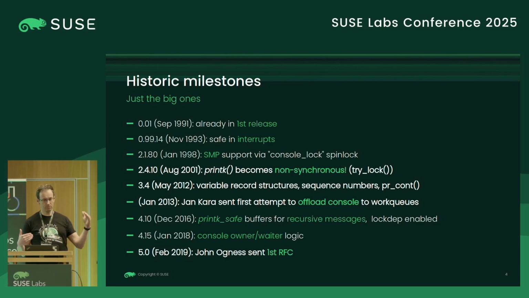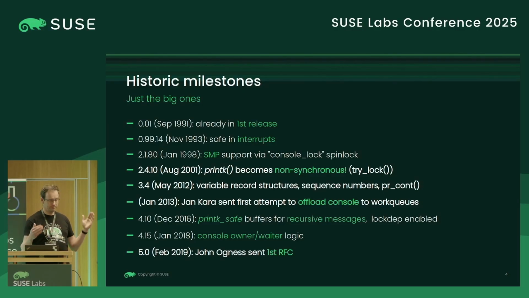So, for example, during boot, the kernel printed a lot of messages, and the random victim CPU which became responsible for flushing all these messages spent too much time, and when it was in atomic context, some machines even didn't boot because the CPU wasn't able to handle interrupts in time and so on. This is when Jan Kara came up with the first attempt to offload consoles to workqueues in January 2013.